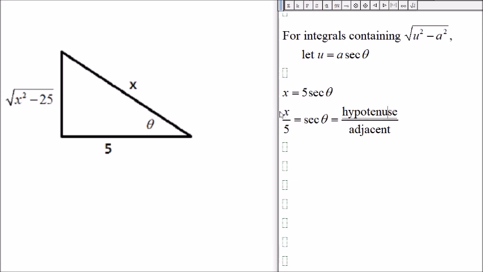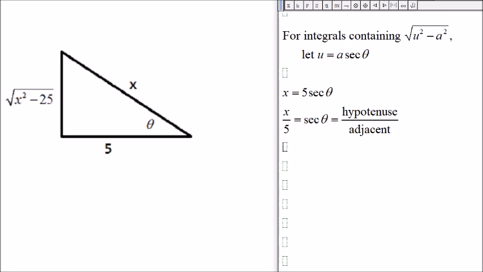So the hypotenuse will be x, the adjacent side will be 5, so this is theta. The hypotenuse is x, the adjacent side is 5, so the opposite side will be the square root of x squared minus 25. And recall that we work this out as follows.